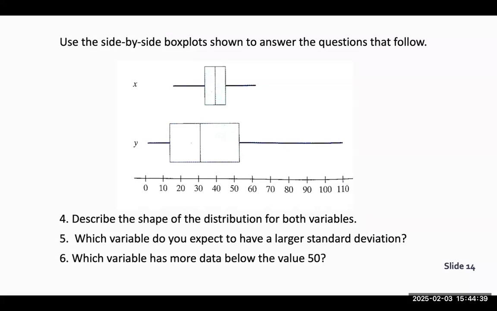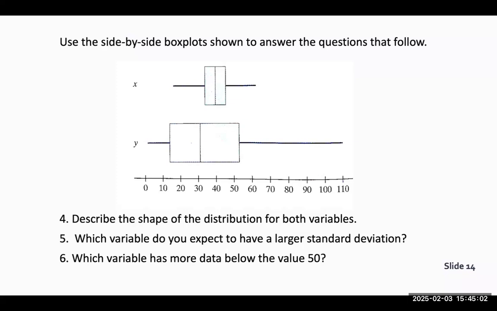If the whiskers were as wide as the box itself, I would think the columns would be about the same height. But for this one, because the whiskers are getting longer than the middle of the box, I believe the columns are going down, and this is symmetric.